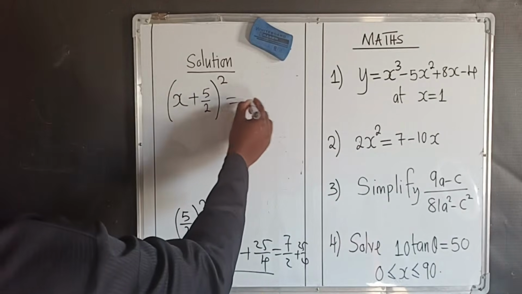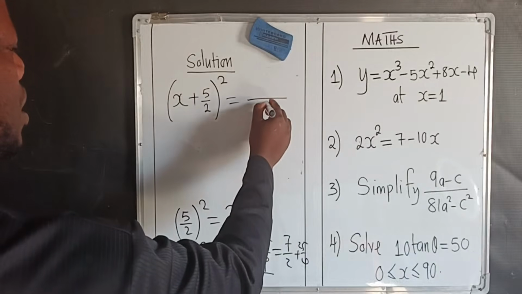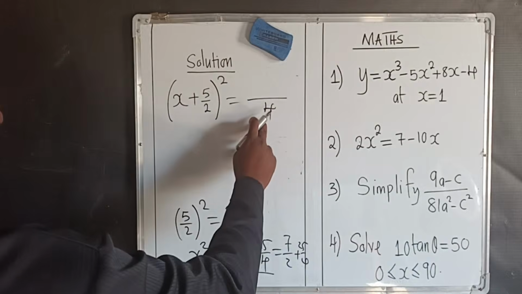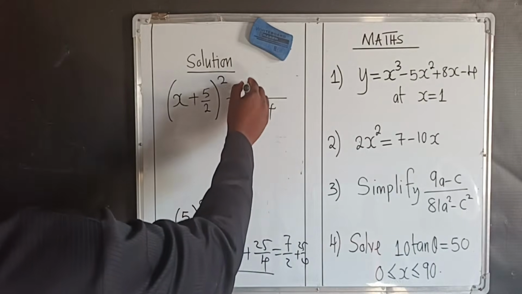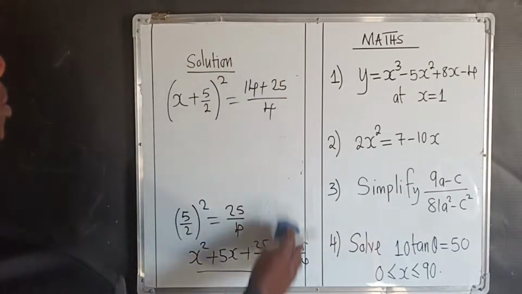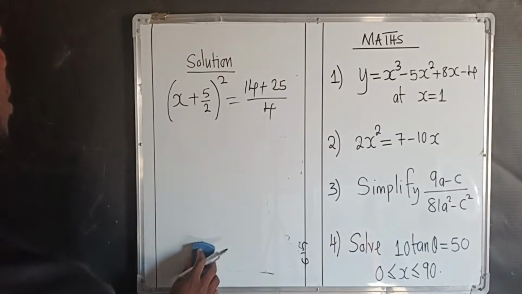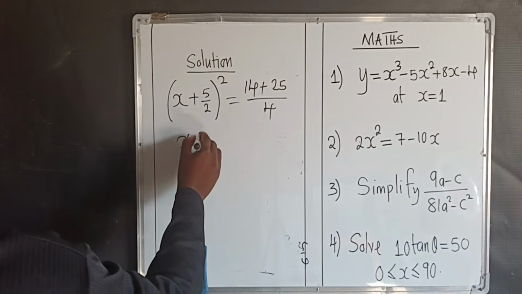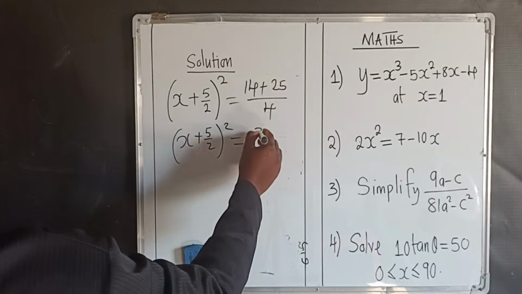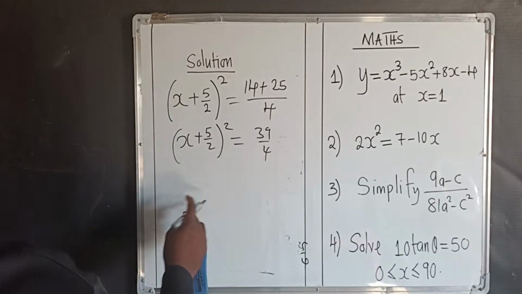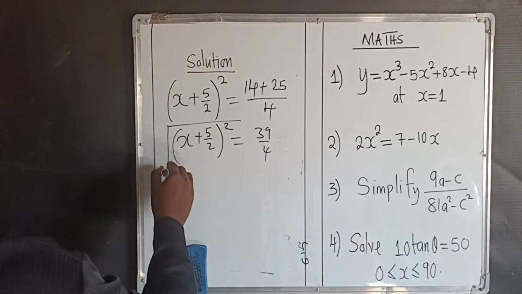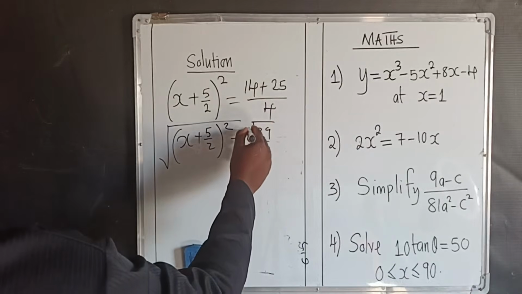It's equal to, here, 4 is the lowest common denominator. So 2 into 4, it's a 4. 4 times 7 is 28, I mean 14, plus 25 there. Okay? And from here, you can say (x + 5/2)^2 is equal to 39 over 4. So now to solve for x, you get rid of this power 2 by introducing the square root on both sides.